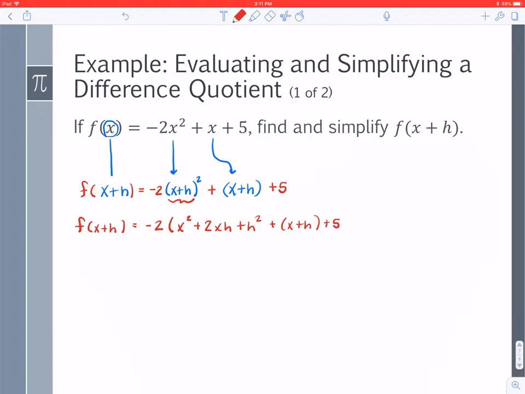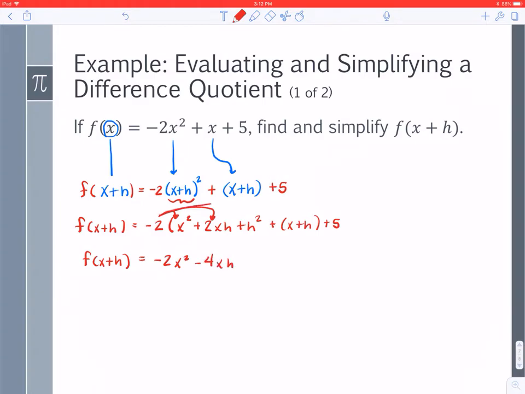All right, now I need to distribute this minus 2 across. So I'm going to get f of x plus h is equal to minus 2 times plus x squared is minus 2x squared. Then I'm going to distribute the negative 2 across the plus 2xh. Minus 2 times plus 2 is minus 4xh.